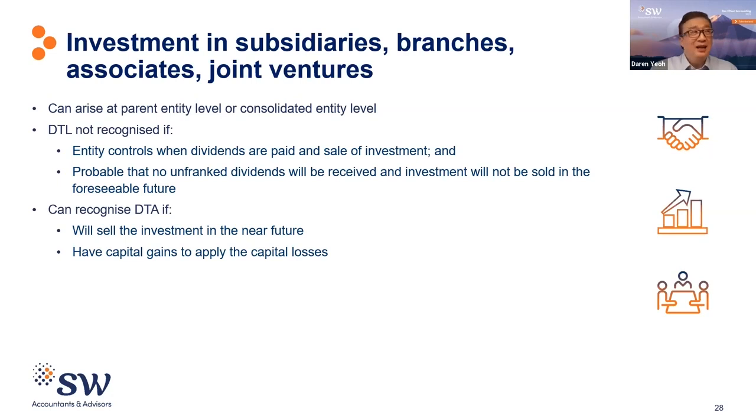And secondly, it is unlikely that you're going to receive an unfranked dividend, or sell that investment in the foreseeable future for a gain. In terms of a DTA, a deferred tax asset, that means you have an unrealized capital loss. The same criteria as I mentioned earlier would apply.